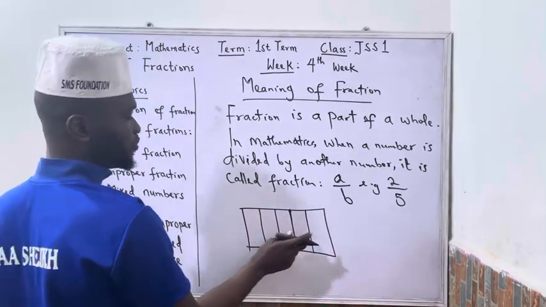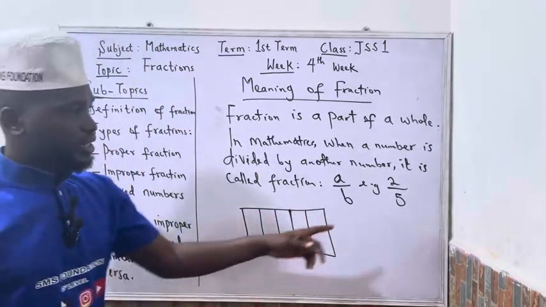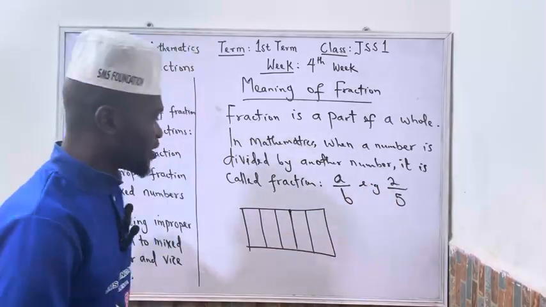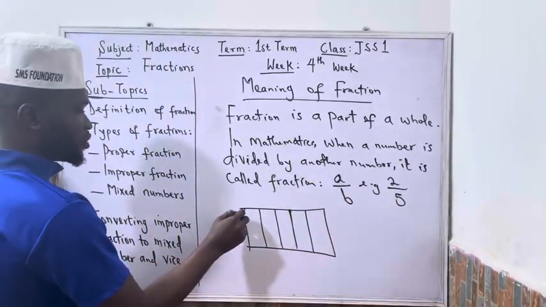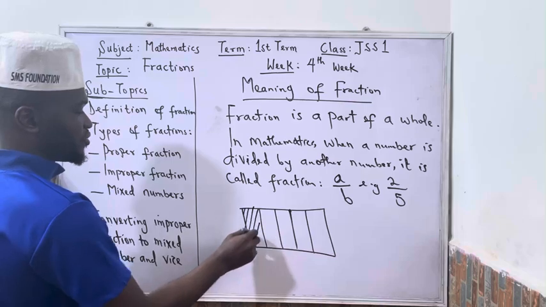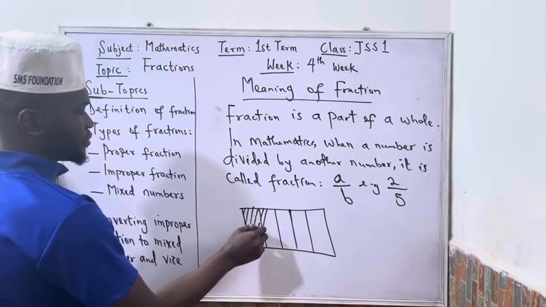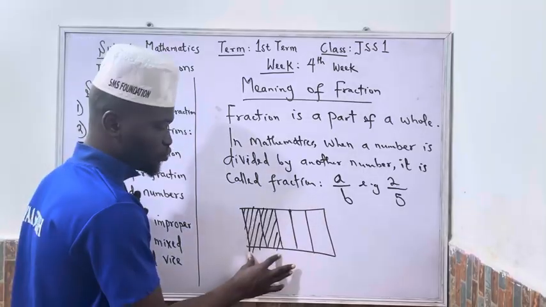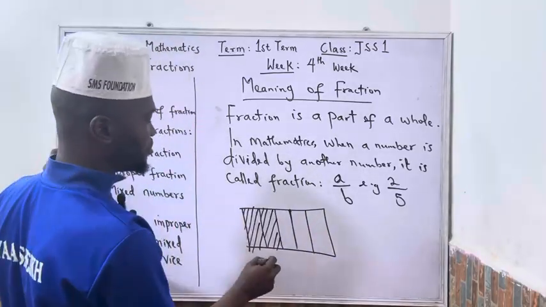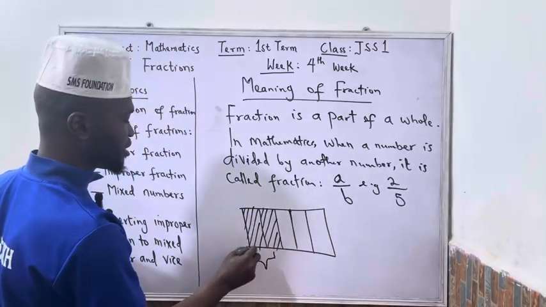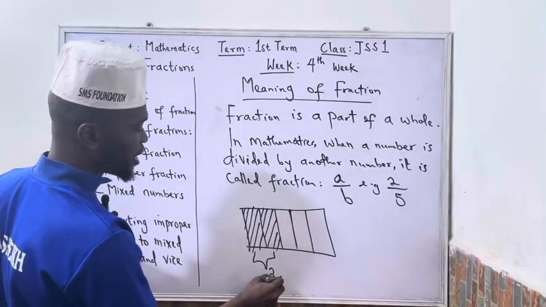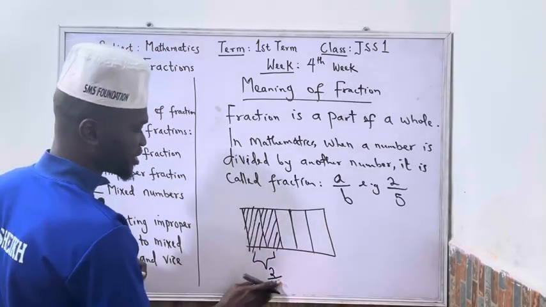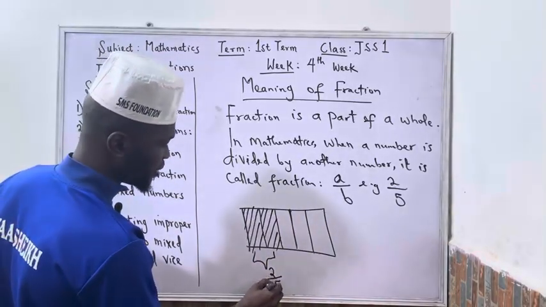Let's shade 2 parts out of the 5 equal parts. So this shaded part is 2 out of 5, which we represent as 2 over 5.